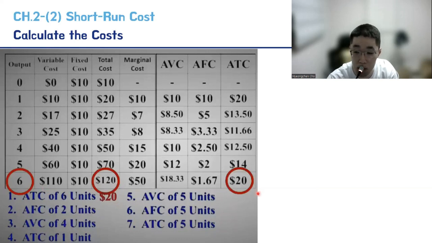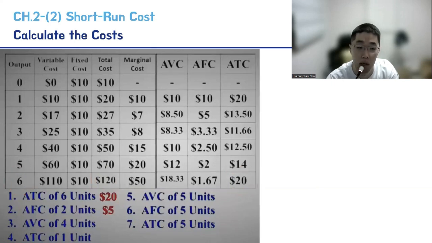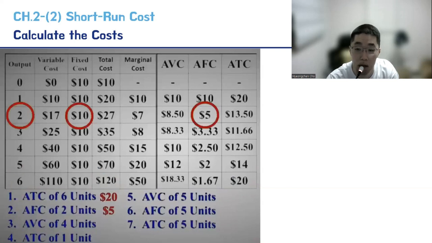Well, it is $20. And the average fixed cost of 2 units is $5. It is the $10 fixed cost divided by 2 units, so that gives us $5.